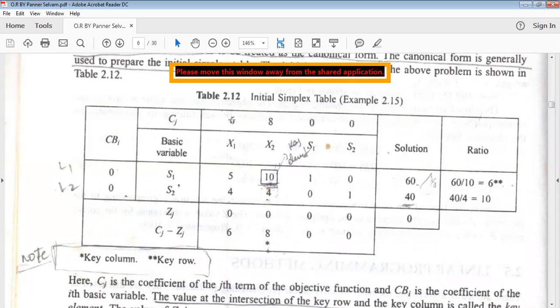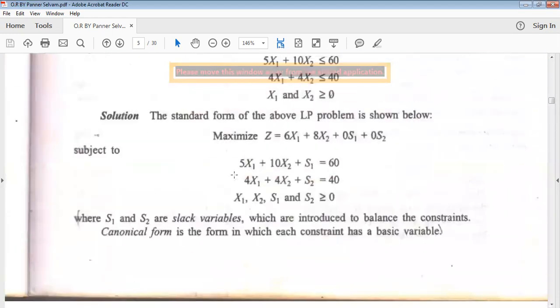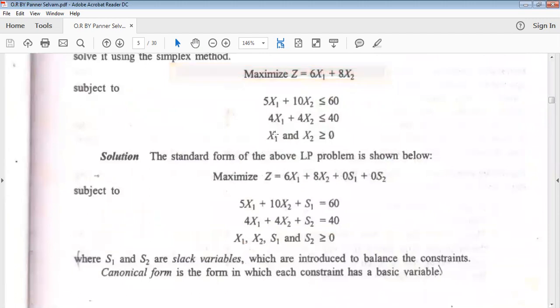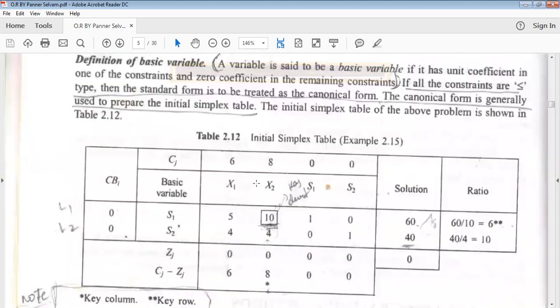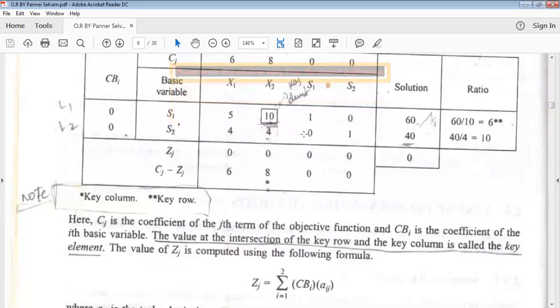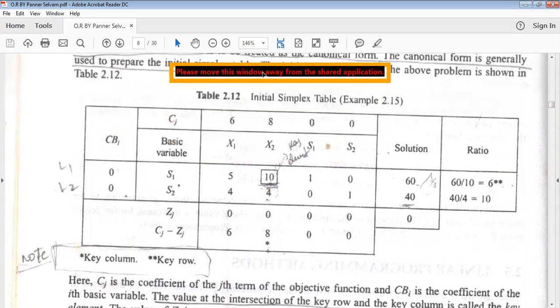This is 6x1 + 8x2 + 0s1 + 0s2. Next come x1, x2, s1, s2, and the first equation is 5x1 + 10x2, then 4x1 + 4x2, with s1 and s2, and the constants 60 and 40. Now you calculate this particular thing.